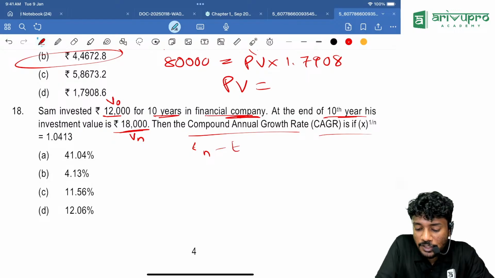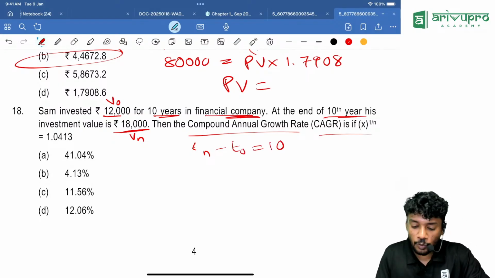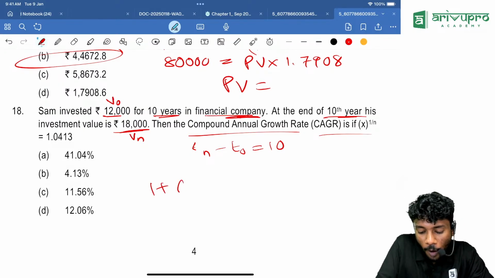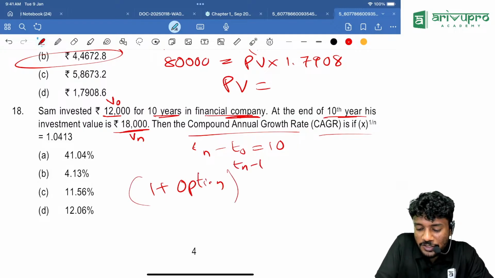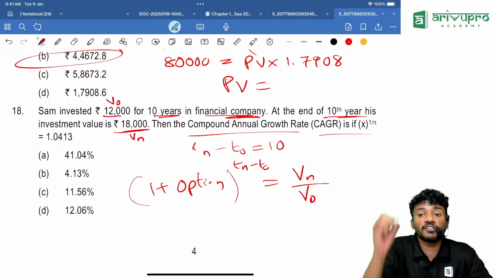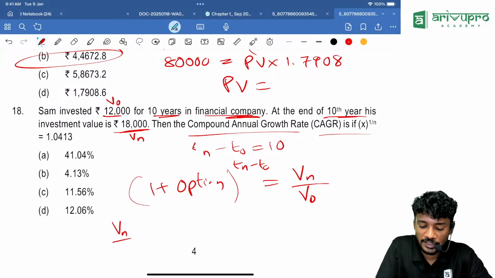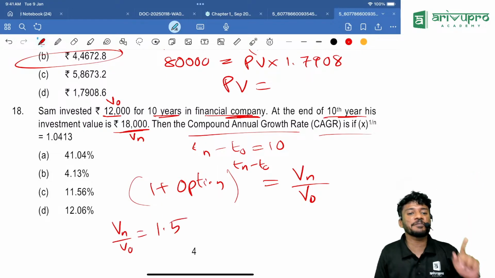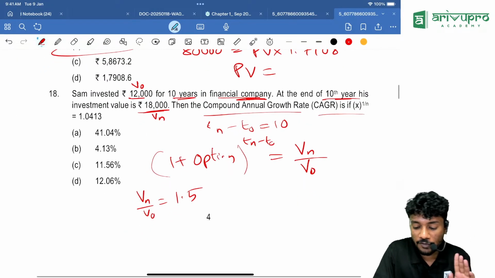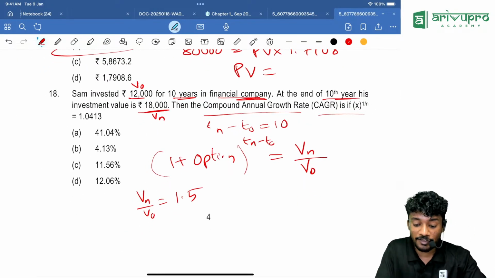Tn minus T0 is 10. Now, (1 plus option) the whole power Tn minus T0 is equal to Vn divided by V0. First we will find Vn by V0. That is 18,000 divided by 12,000, which is 1.5.